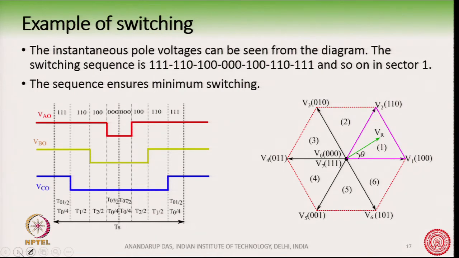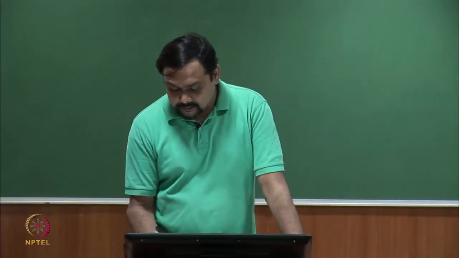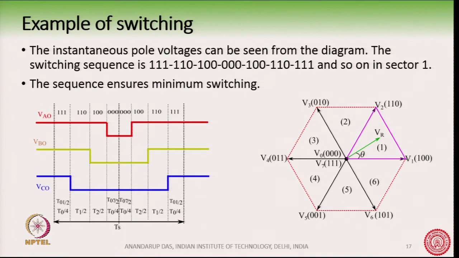Now, how does the instantaneous pole voltage look like? Okay. When I say that we are switching these vectors for certain duration of time, then how will the switching look like? So, here we see a switching sequence.